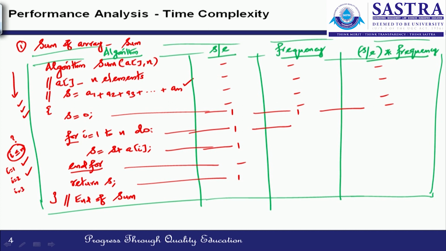I is equal to 3, checking if I less than or equal to n is done, etc. When I becomes n, I less than or equal to n is tested. When I becomes n plus 1, I less than or equal to n is also tested. In the last stage, the result of n plus 1 less than or equal to n results in false.